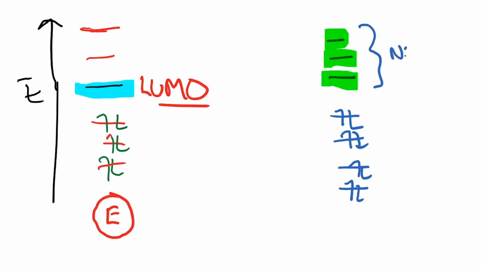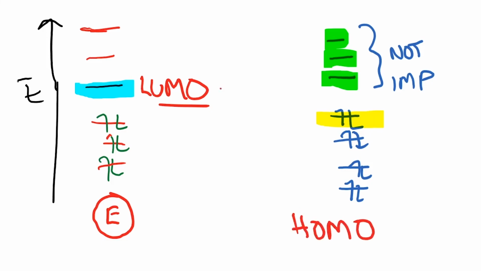The most important orbital we need to concern ourselves with is this one, the highest occupied molecular orbital. So this interaction between the highest occupied molecular orbital and the lowest unoccupied molecular orbital is the one that we are always going to be worried about.